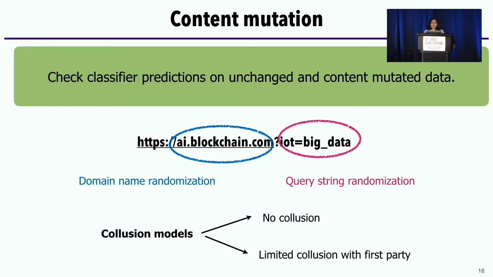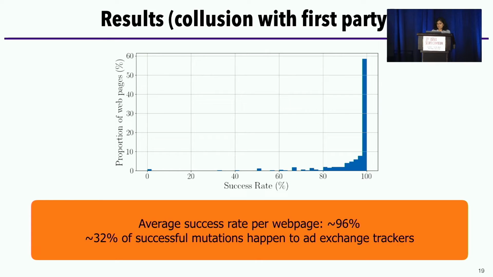That means that the third party can become a subdomain of the first party, and this is nowadays possible via techniques such as CNAME cloaking. And what we look at is the success rate of the adversary, which is what I show on the x-axis here. And the success rate is basically the proportion of the ads and trackers that the adversary is able to get misclassified by the classifier.